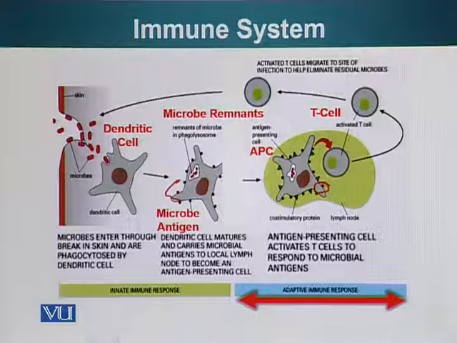Dendritic cells are part of innate immune system because they are not specific. They will eat any microbe, whether it's bacteria or virus, it doesn't matter what type of bacteria it is, it will eat it. The adaptive immune system, which includes the T cells and B cells, we'll talk more about them, they are specific. We have many different types of T cells in our body.